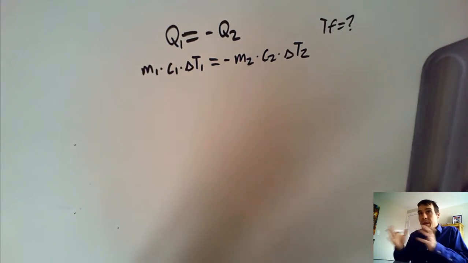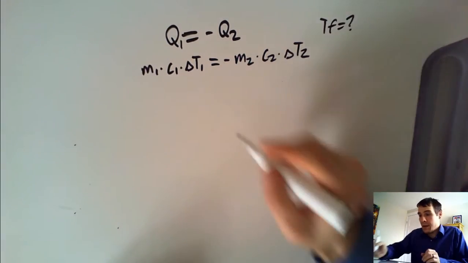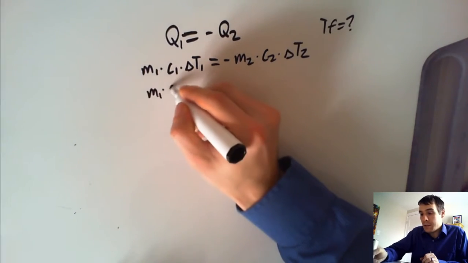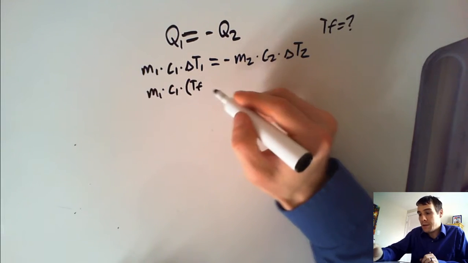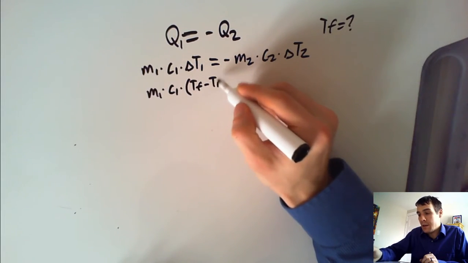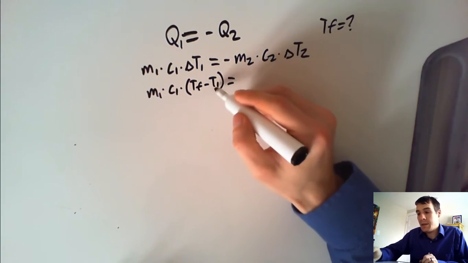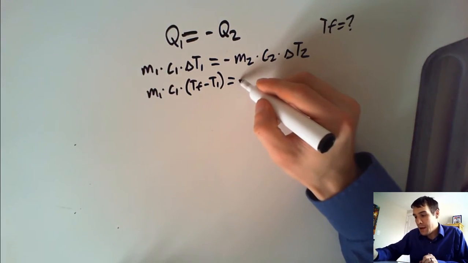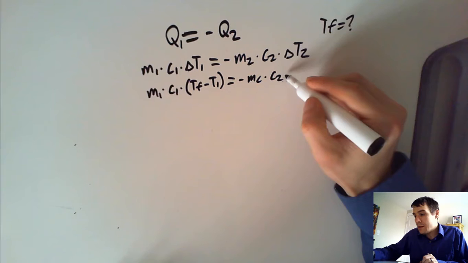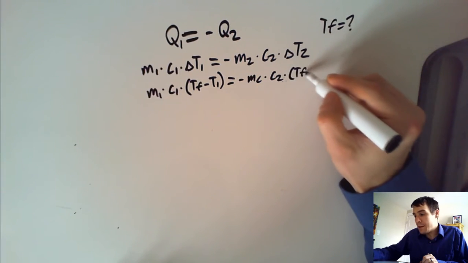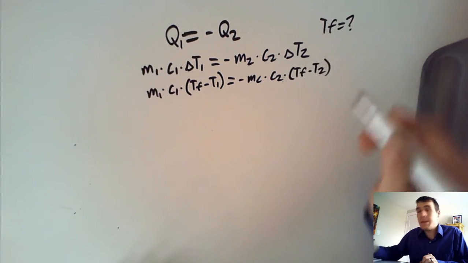So we want to open up that ΔT into m1 times c1 times, and then ΔT is the final temperature minus the initial temperature. T1 is going to be the initial temperature. Minus m2 times c2 times, same thing, the final temperature minus the second one's initial temperature.